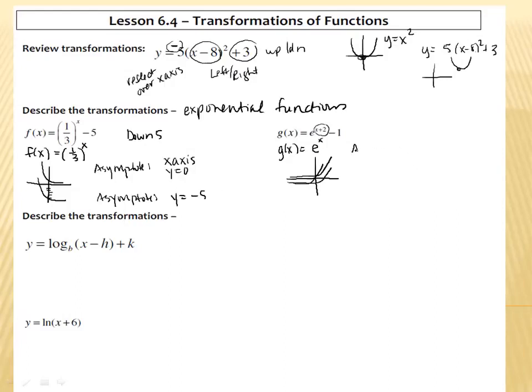All right, so the original asymptote here was the x-axis, which again is y equals 0. And then since I moved it down 1, my new asymptote is going to be y is equal to negative 1. But then I went and moved it to the left 2. Well, if I take this horizontal line and I move it left 2, that's not going to change. So this is my new asymptote.